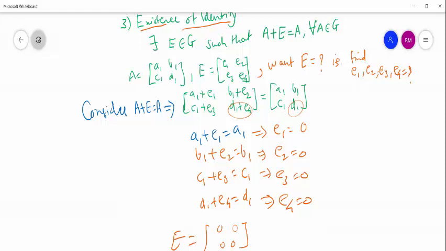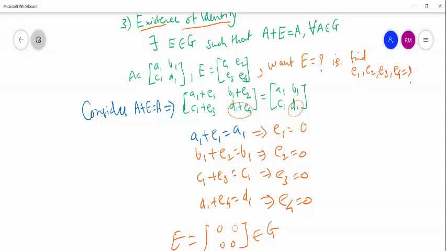All entries are real numbers, so that belongs to G. So we succeeded in finding the identity element in G which satisfies this equation, A plus E equal to A, where A is any arbitrary matrix, A1, B1, C1, D1 any real numbers. Then also this works.